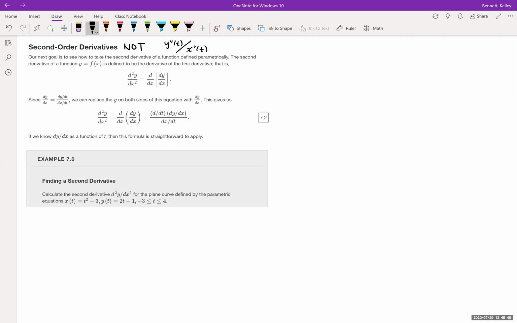So you can read through the book about, well, it's posted here too, but you can go to the textbook if you'd like to dive into it a little bit more. This is the derivation of it. I like to write it less in line, kind of hurts my eyes.